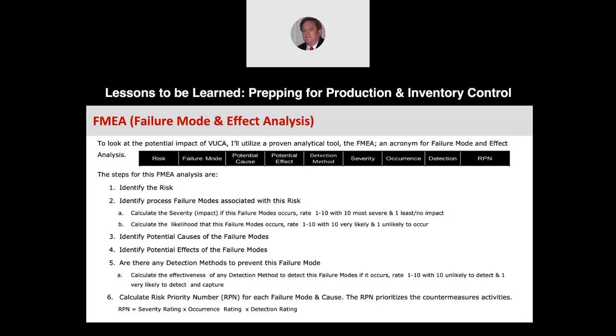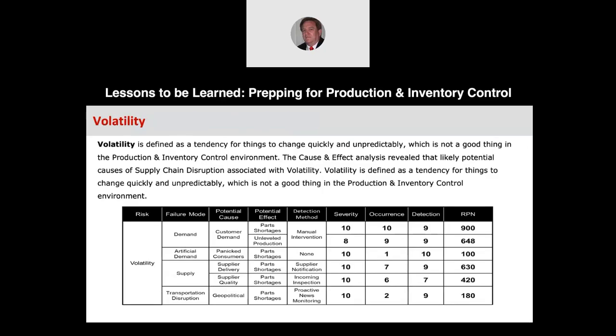So anyway, the RPN is equal to the severity rating times the occurrence rating times the detection rating.